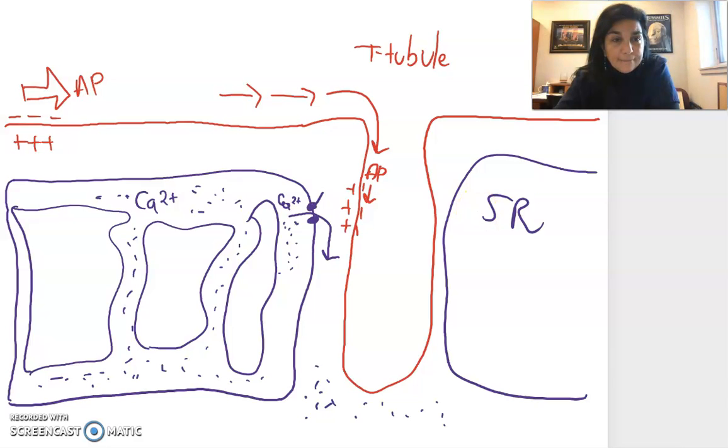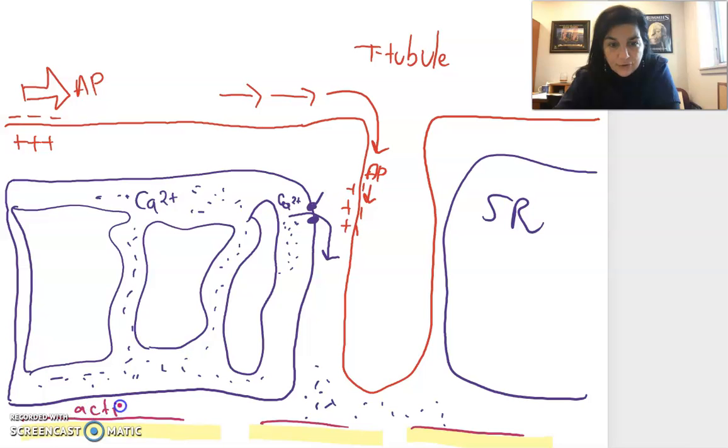And what's going to happen is that we have our thick and thin fibers that are down here because we're inside the cell, and we have these thick and thin fibers of actin and myosin.